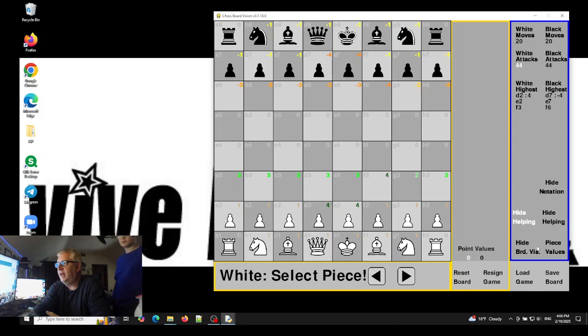And the piece values show how many squares you're touching at any given moment. This helps differentiate between a good bishop and a bad bishop. At the moment, each of these bishops is only touching a few squares, so they can't do too much. But as you move along through the game, you'll find that one bishop becomes far more valuable than another.